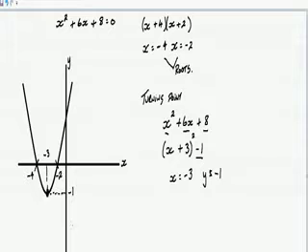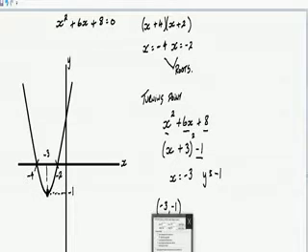Okay, so if they said what's the coordinate, so remember it goes x, y, so x is minus 3 and y is minus 1. So that's the coordinate for that turning point. Okay, so you can do it by just starting off completing the square. Okay, so I'll just stop and do another one, and I'll show you this one as well.